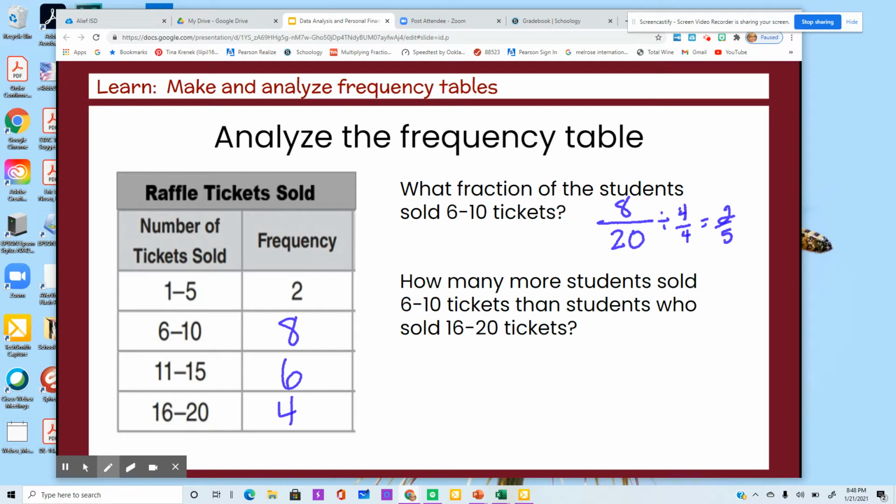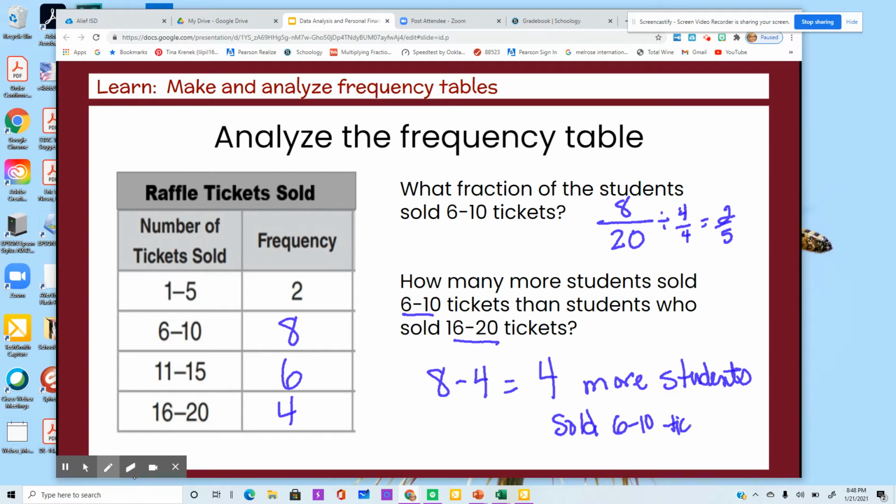How many more students sold 6 to 10 tickets than students who sold 16 to 20 tickets? Well, if I look at 6 to 10, that was 8, and then 16 to 20 is 4, so 4 more students. And we're just taking all this information off of our frequency table. 6 to 10 tickets. Okay.